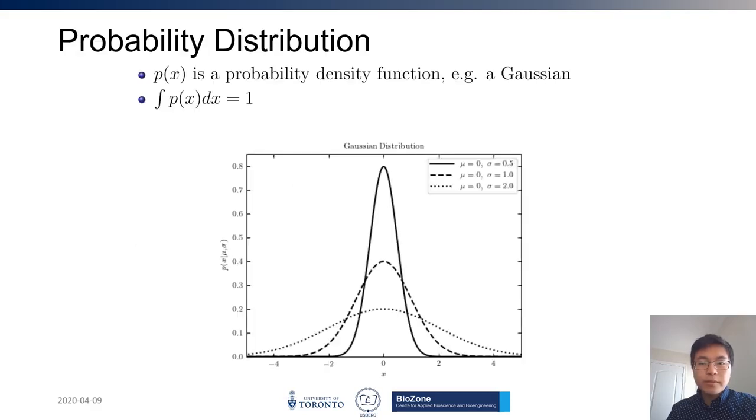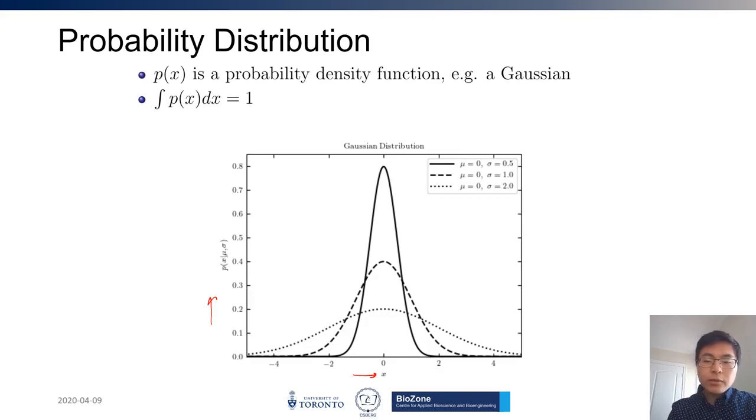So let's begin with the simple Gaussian probability density. Essentially, a probability distribution or density is a function that maps one value to its probability. So here we have one variable, x, and where the curve is high, it represents a greater probability of that value of x happening.